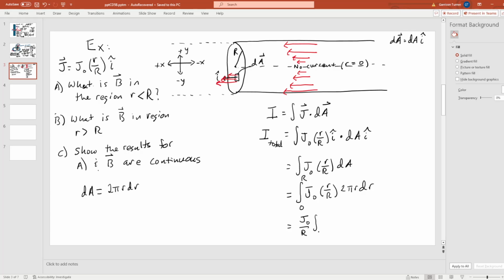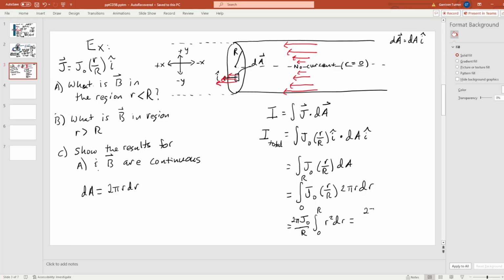And then I have the integral from 0 to capital R of 2 pi, which is constant as well. So 2 pi J naught over R. Let's see, so I have r times r dr. So this is going to be r squared dr. And when I integrate that from 0 to R, it becomes R cubed over 3.